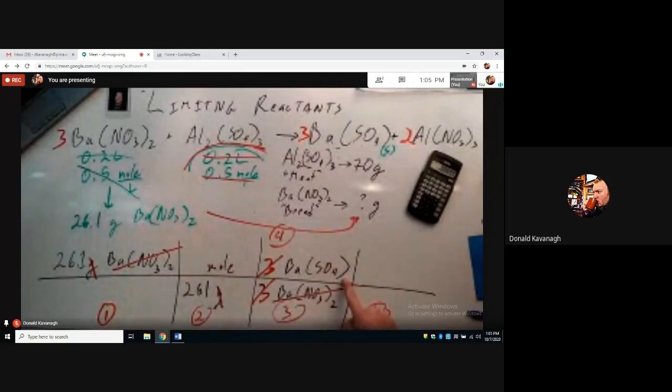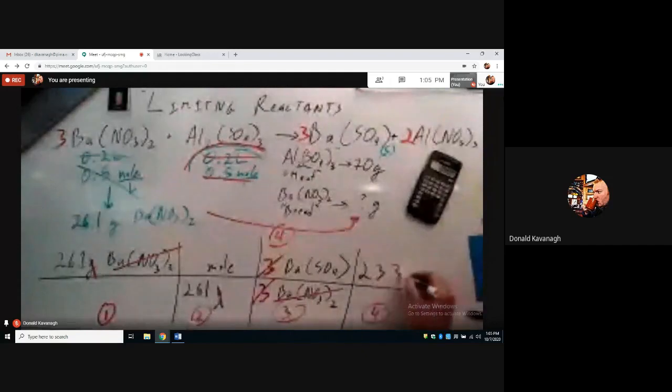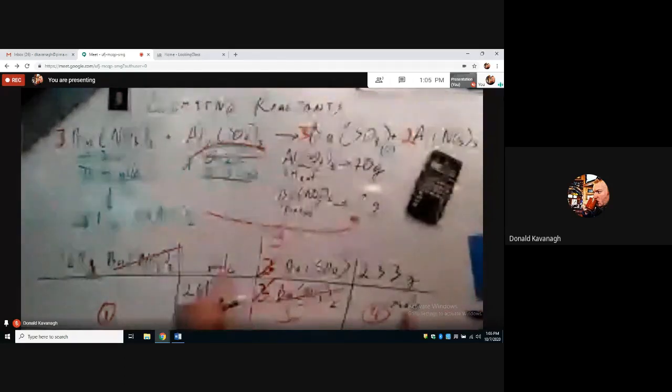My sandwiches. So I'm going to look that formula up on the periodic table, add up the 4 oxygens, 1 sulfur, and 1 barium, and it is 233 grams per mole. I'm going to place this in here to make a unit cancel. Top cancels out bottom.